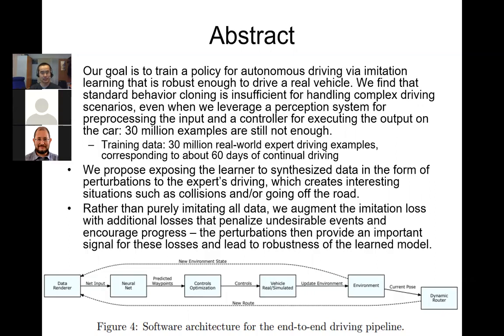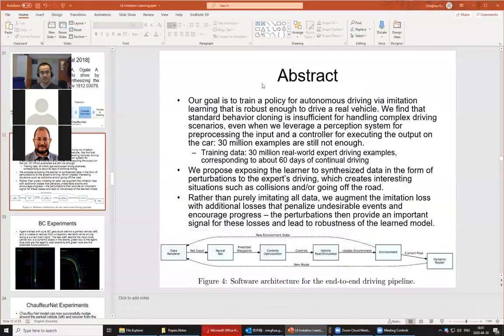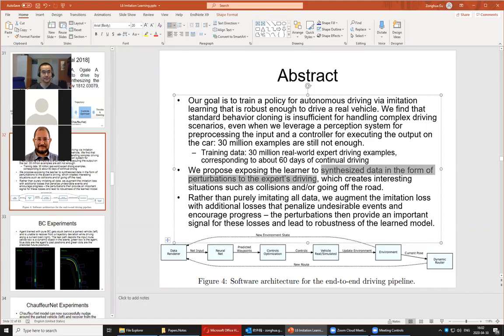So we propose exposing the learner to synthesized data in the form of perturbations to the expert's driving. So again, you see synthesized data, which creates interesting situations such as collisions and going off the road.